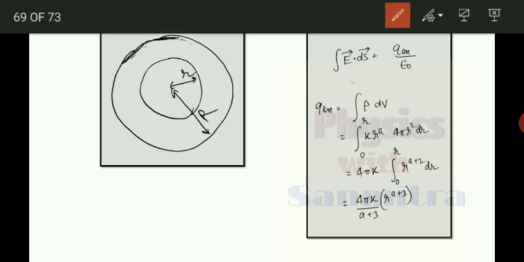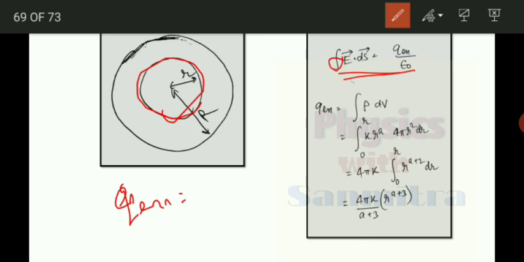Let's apply Gauss law here. Let's take a Gaussian surface at a distance r. Gauss law is the closed surface integral of E dot ds equal to q enclosed by epsilon naught. So q enclosed, what we can write, is rho into dv.